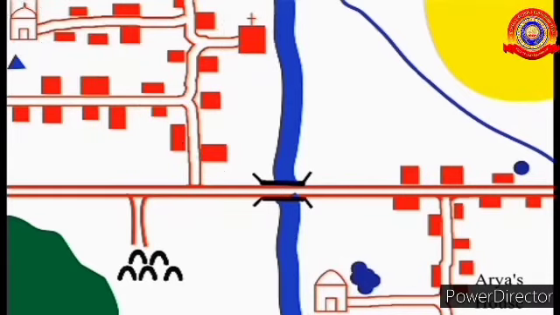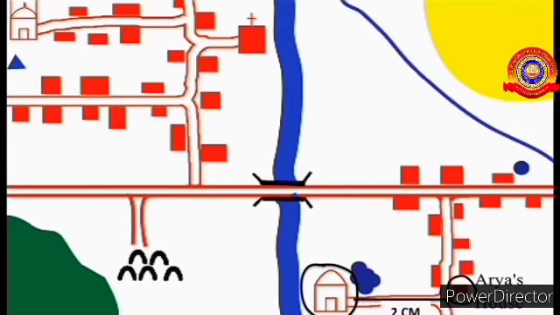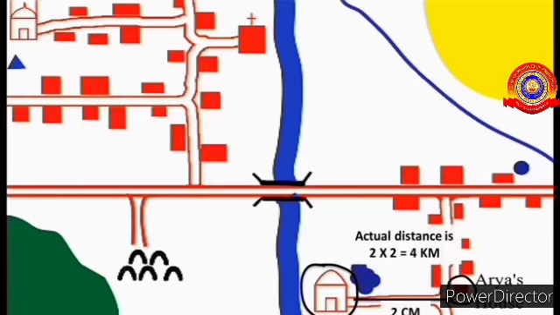Third question. How far is the temple from Arya's home? The answer is 2 centimeter on map. So, the actual distance is 2 into 2, that is 4 kilometer. So, the distance is 4 kilometer.